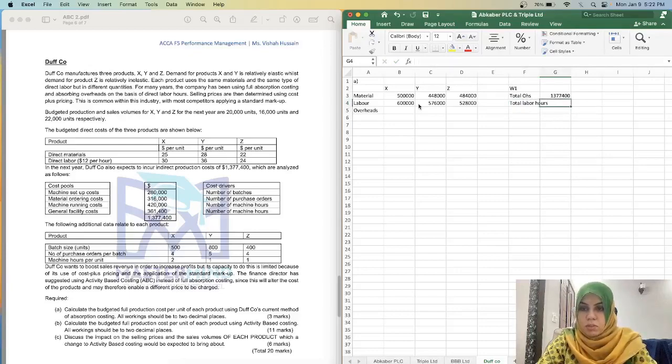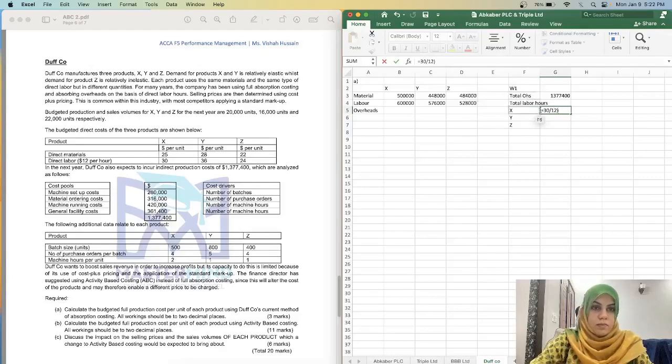This is going to be computed. How? So for, let's say, X, Y, and Z, 30 divided by 12. So this will give you 2.5 hours, right?